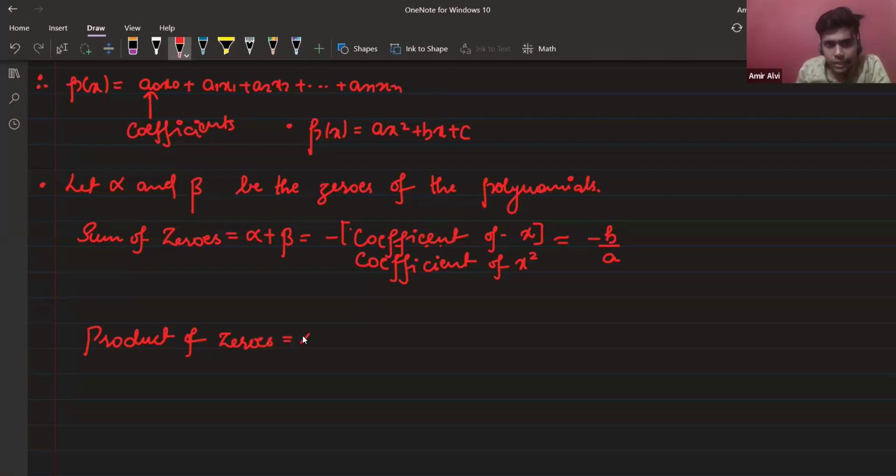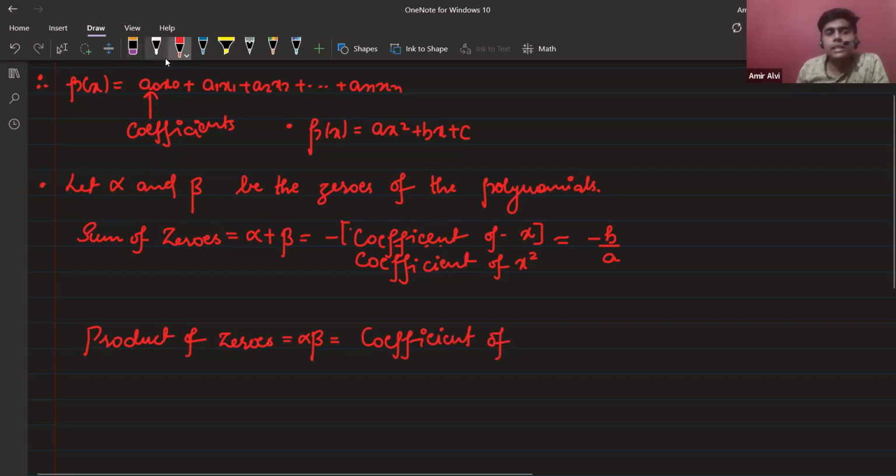Very good, Ajwad. Alpha into beta, which is c by a, which is the constant. Basically, I'm taking the coefficient of x to the power 0, which is basically a constant.